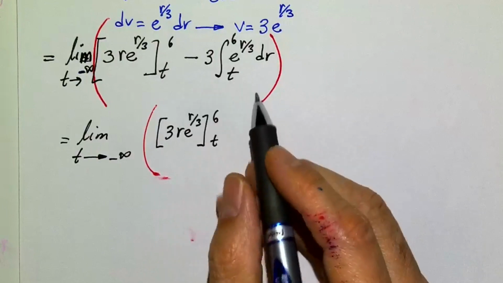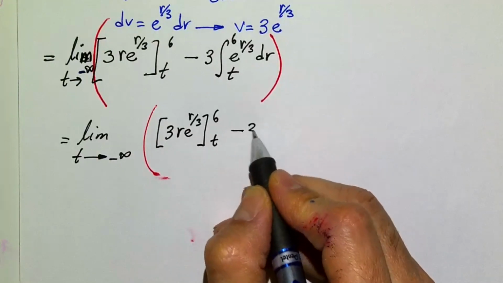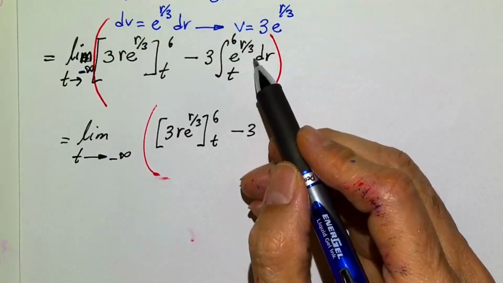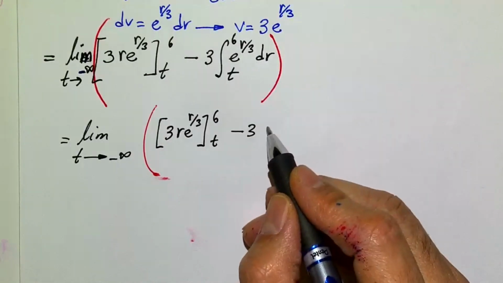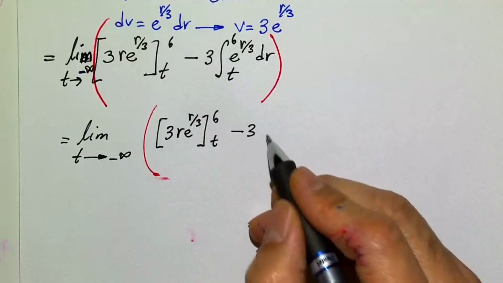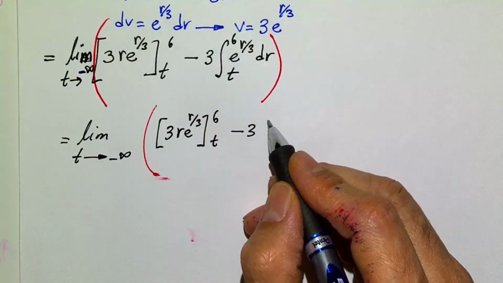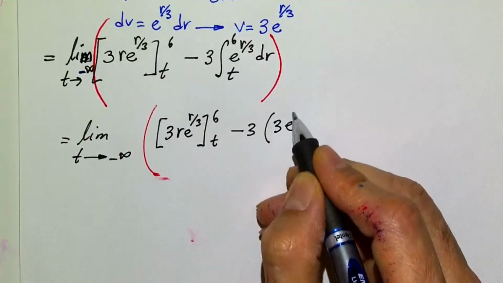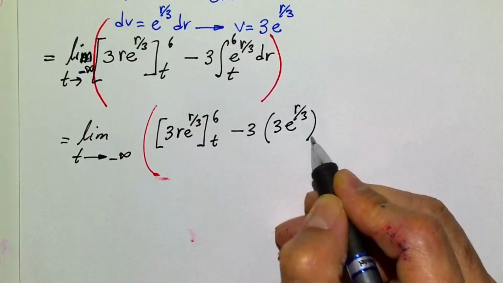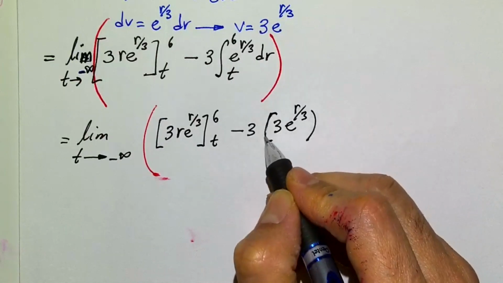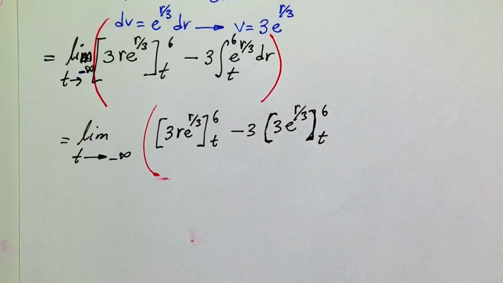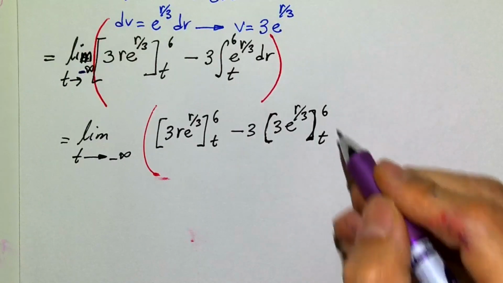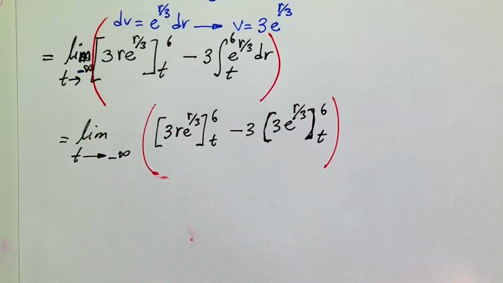And then let's integrate this. This will be minus 3 times 3e to the r over 3, evaluated from t to 6. That's an easy integral. And we have the limit outside here.